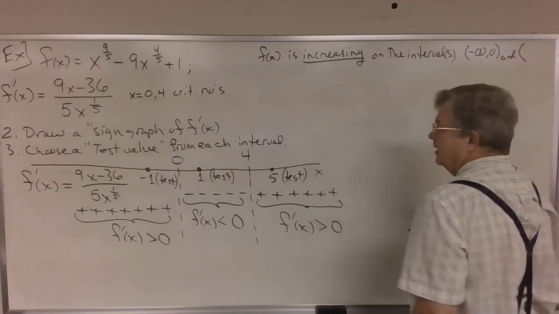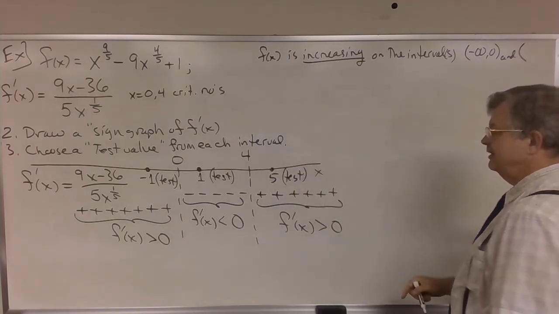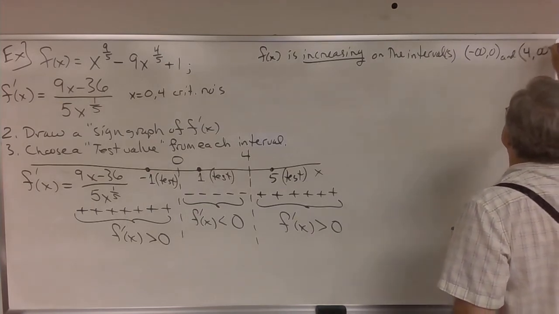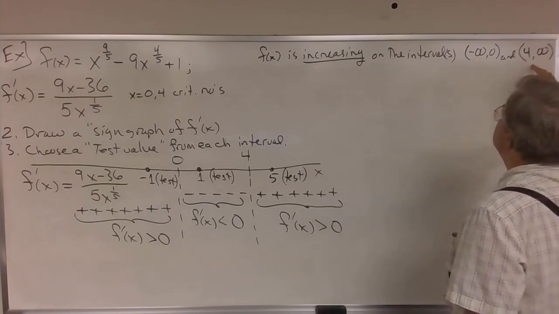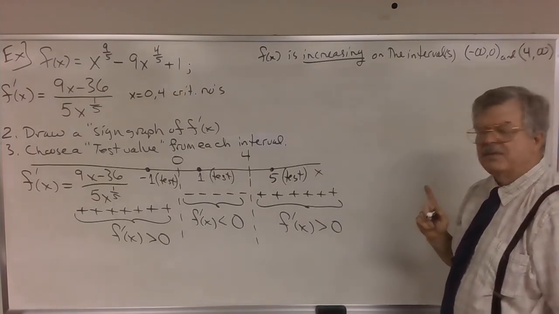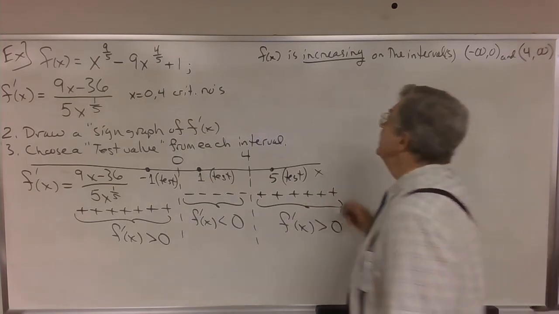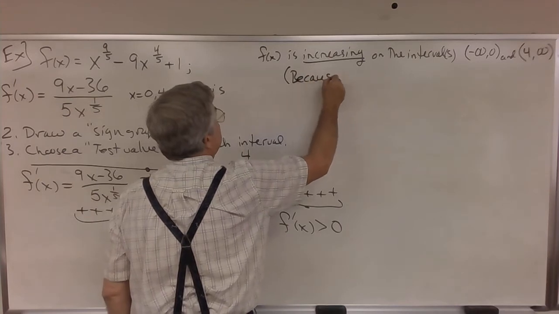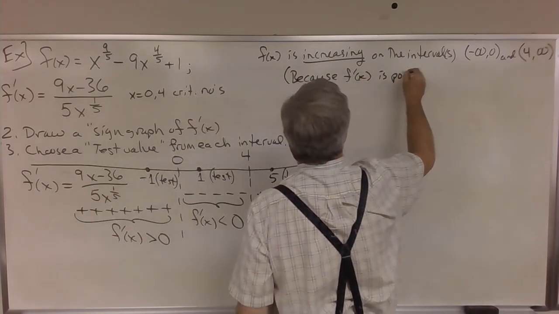And from x equals 4 to infinity, the derivative's positive, so f is increasing. 4 to infinity. So f of x is increasing on these intervals. And the reason we know that is because the derivative is positive there. So I'm going to remind myself, I know this because f prime of x is positive.